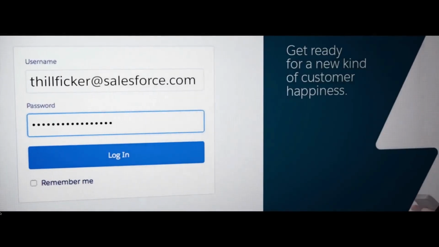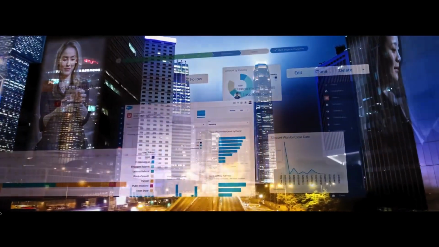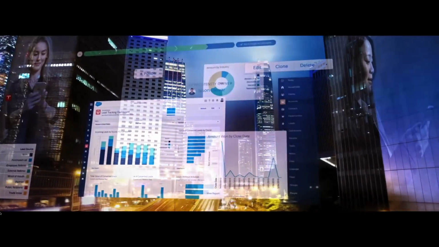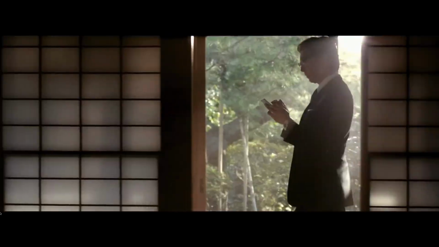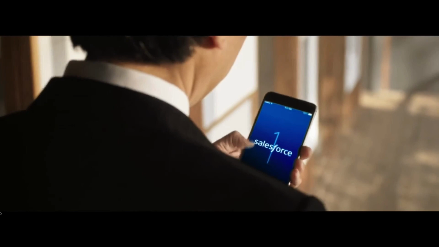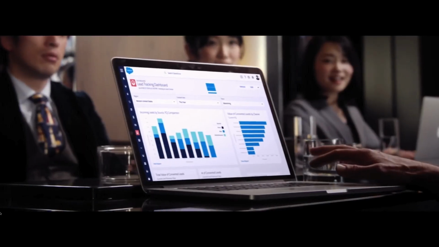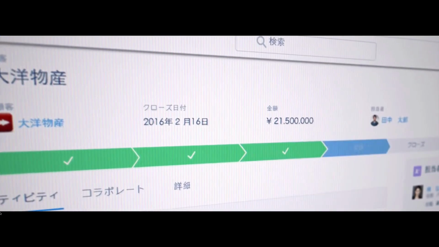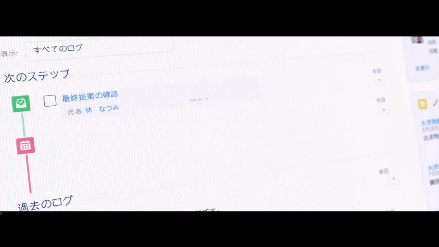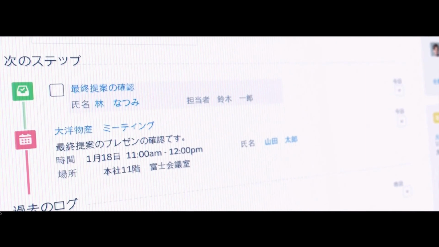Introducing Salesforce Lightning, the fastest, most complete approach to put your customers at the center of everything you do now and in the future. Create a new kind of customer success with Sales Cloud Lightning. There's no longer a linear process for sales. It's knowing where the customer is at all times and being there for them whenever they're ready to engage.